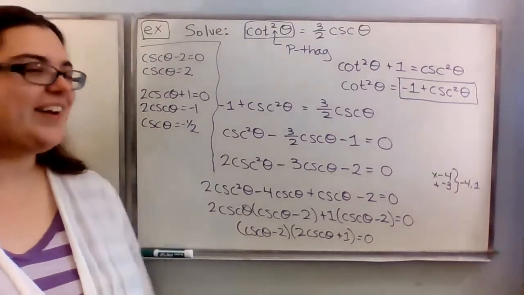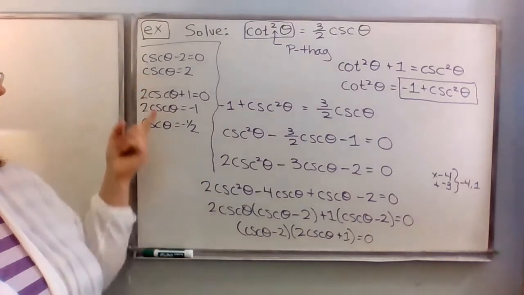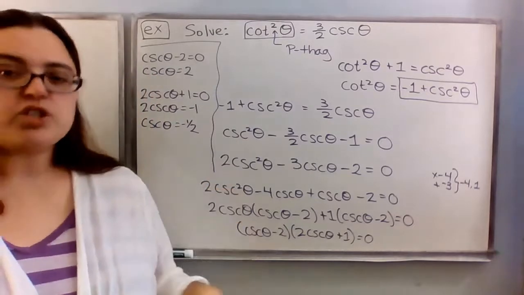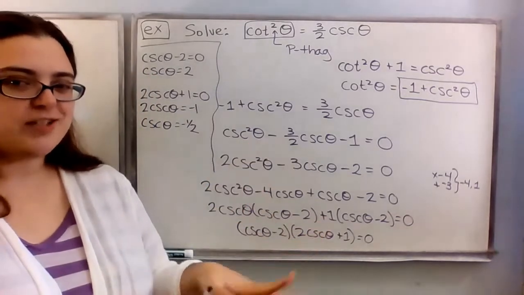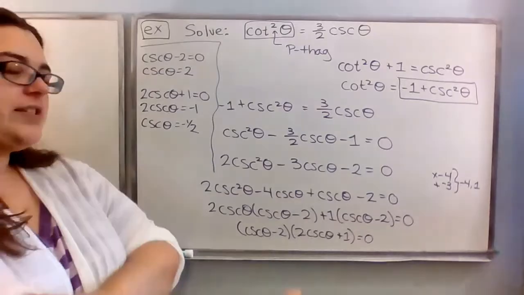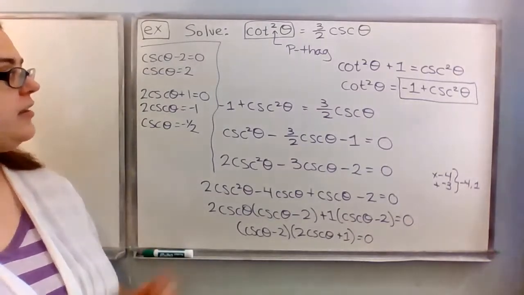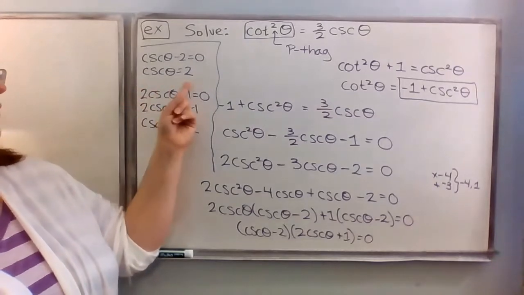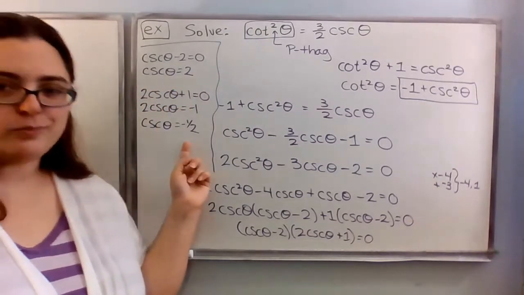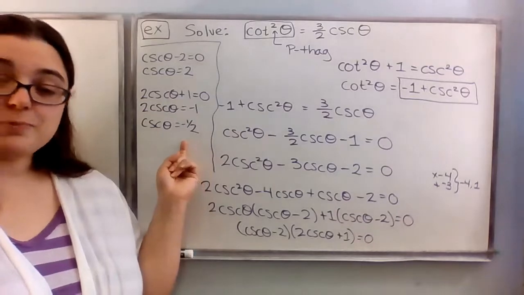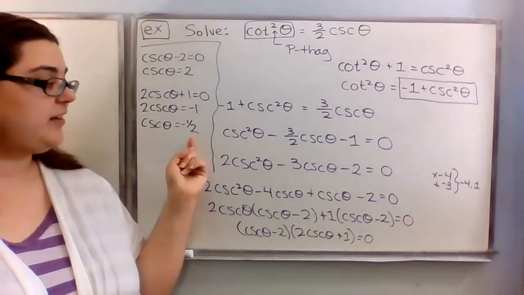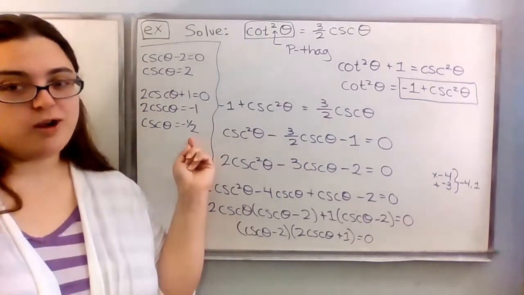Okay, so we've now solved 2 equations for cosecant of theta, which means we're on the right track. We're almost getting to our solution. We do have a problem with one of these, however. So this first equation is totally fine. The second one is a little bit suspicious. And it's suspicious because cosecant can't be between -1 and 1.